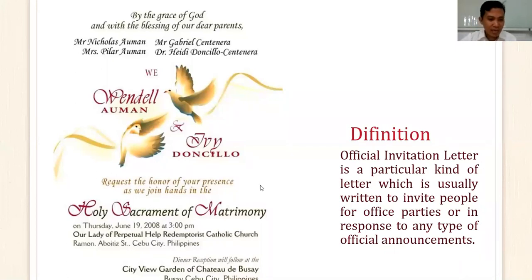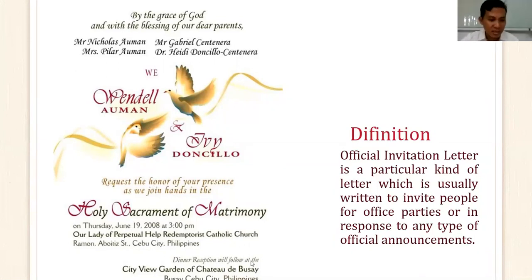So now again, do you think the reception and the vow are in the same place or not? The same place? No, it's not the same. The dinner reception will be in the city view garden of Chateau de Busset, right?